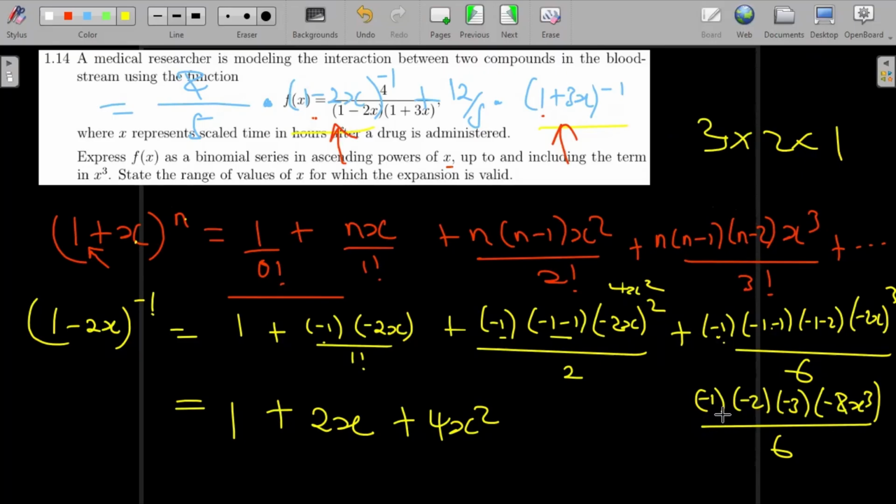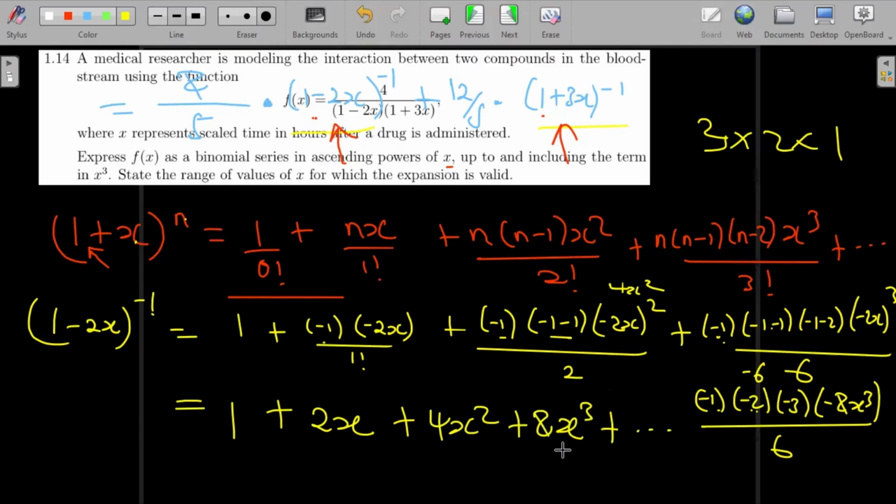So it will be this multiplied by this multiplied by this. I'm going to get 6, which is a negative, because this will be plus 2 multiplied by this minus 6, right? And then I'm dividing by 6, so with minus 1 multiplied by minus 8x to the power 3, I get plus 8x to the power 3.